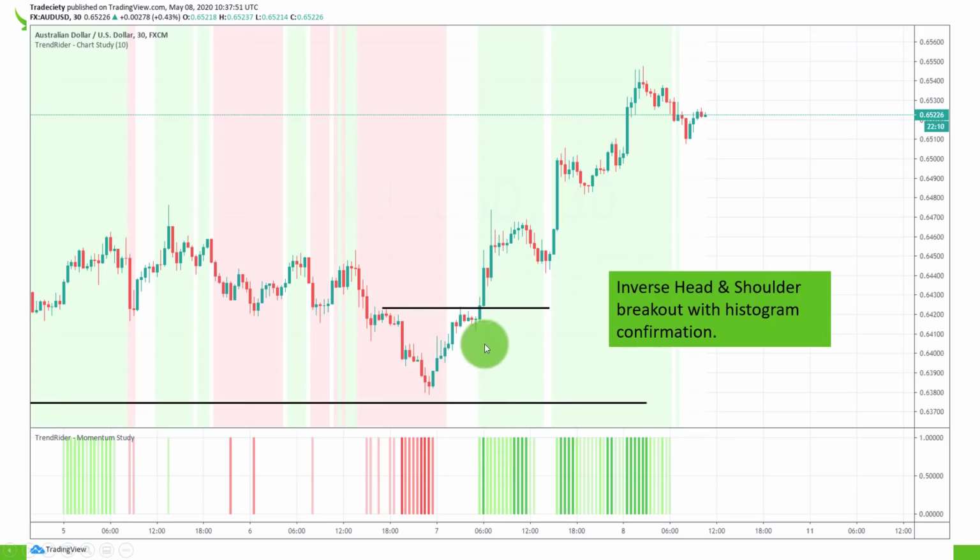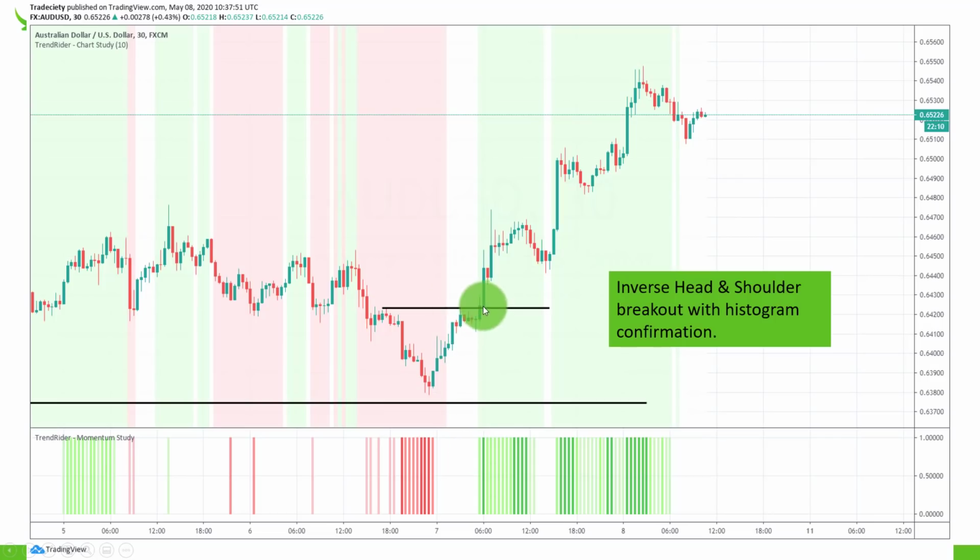On the breakout you see that the Trend Rider background color first turned green and also the histogram turned green as well. As you may or may not know, the Trend Rider is mostly a two-part indicator. Usually the background color turns green or red, and then the histogram also turns red or green, which is the final piece of the puzzle.